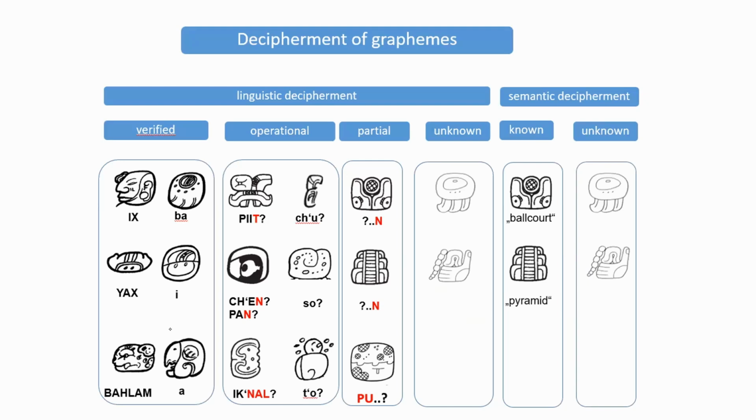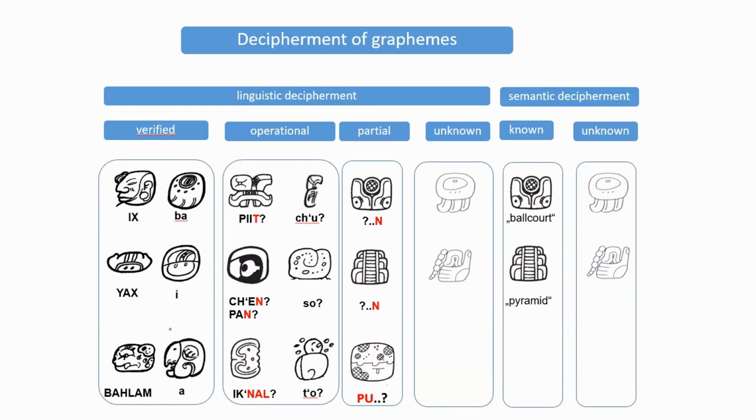We know it from... Next week I'm going to present how we could decipher those glyphs, by some actually the work by David Stuart. And then we have some operational readings, where we know that a specific glyph is ending in a t for phonetic complementation.